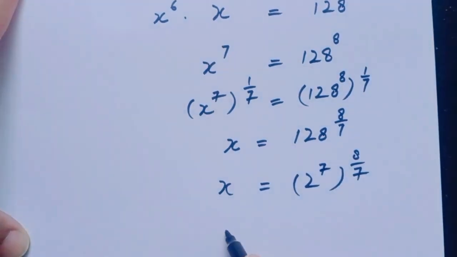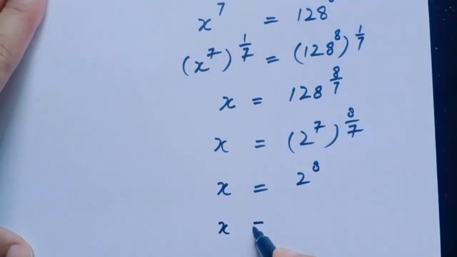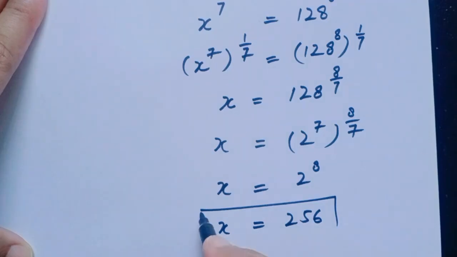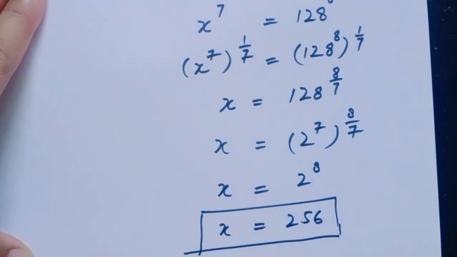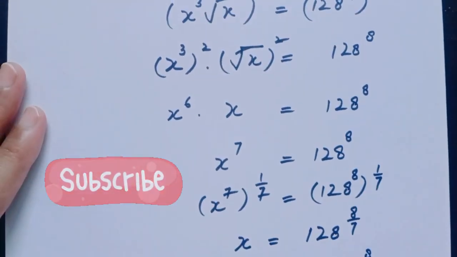This 7 goes with the 7, and we get x is equal to 2 power 8, which is equal to 256. It is the final value of x. With the two methods, we have calculated the value of x, which is 256.